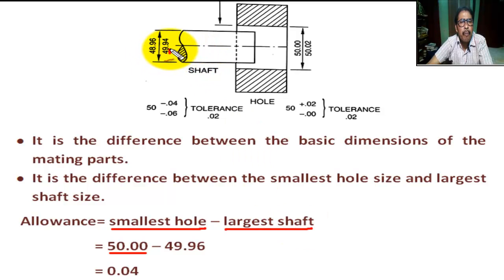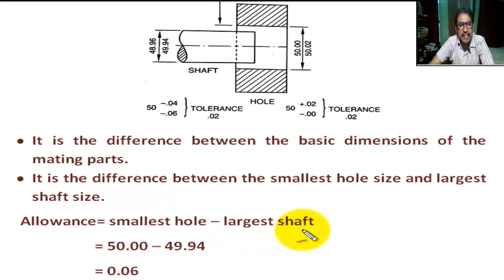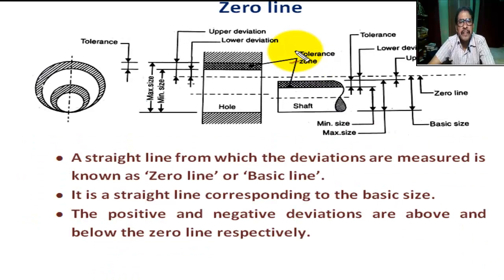Largest shaft size is 49.94. 50.00 minus 49.94 equal to 0.06. This is the allowance. Okay.